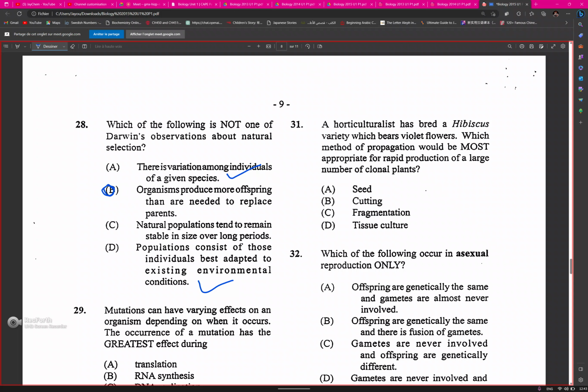Because if the populations are not natural, if they are filled with completely advantageous organisms, then they'll expand over time. They won't remain stable. They'll have exponential growth. If they are all disadvantageous, it will decrease over time, leading towards endangered species and extinction. So if they have natural variations within natural populations, it will remain stable over time.